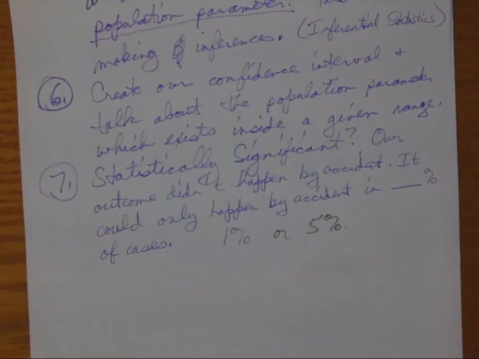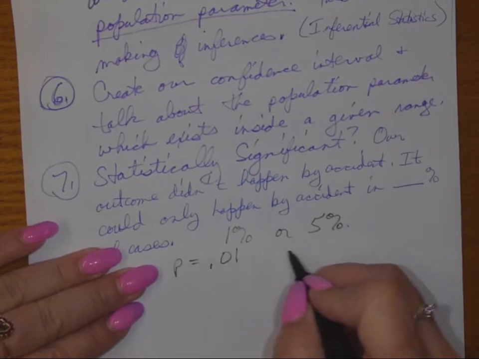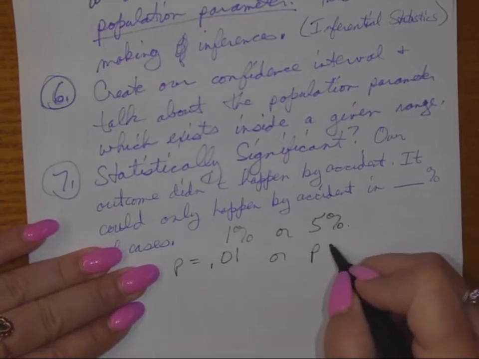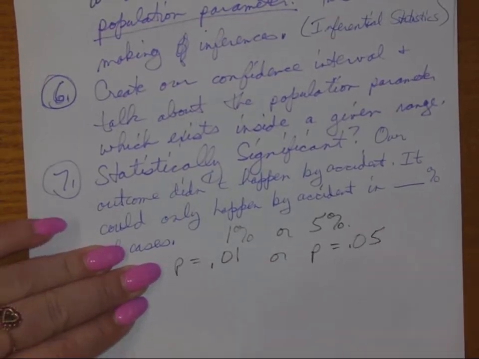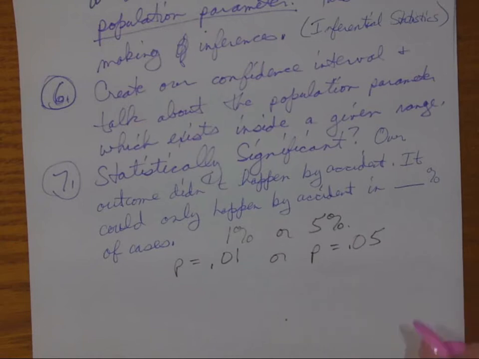So they'll say it could only happen at the 1% level, or they'll change it into a decimal, 0.01. They use the variable p. Or 0.05. It could only happen at the 5%. If it was 5%, it would be 0.05, and the p kind of stands for that percentage of times that it could happen by accident.